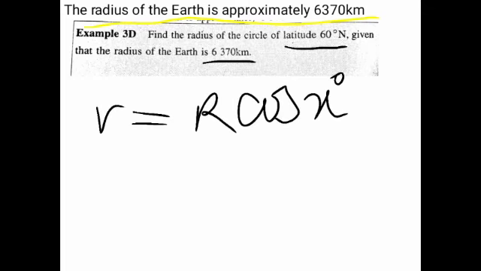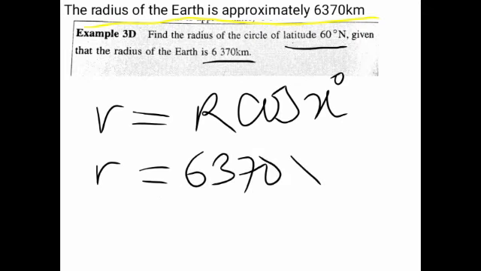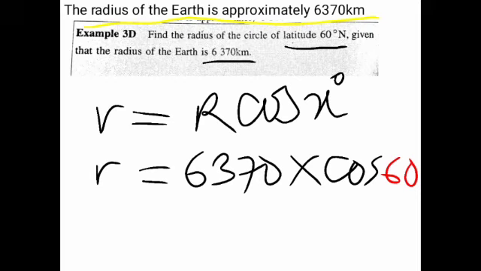That is the formula. So r is equal to what is capital R, which is the radius of Earth, 6,370 times cos of the degree for the latitude, which is 60 degrees. Don't forget that this is the degree of the latitude.